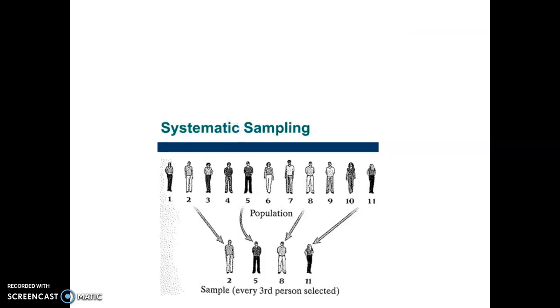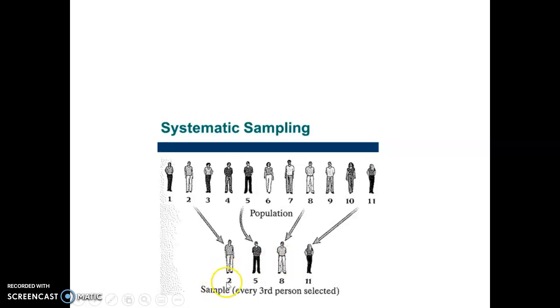This is called systematic sampling. In this case, we begin at a fixed position in the data set. Here we began at person number 2 in the population, and then from there we selected people at intervals of 3. So from 2 we went to person 5, from 5 to person 8, from 8 to 11, and so on.